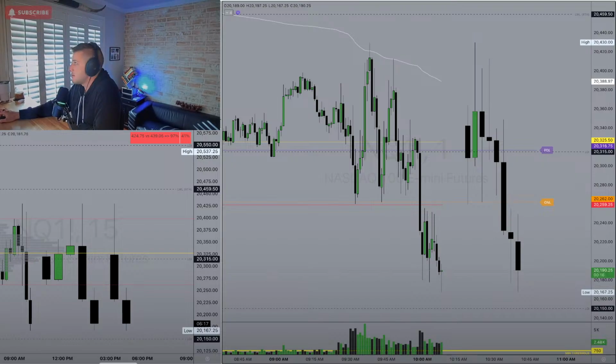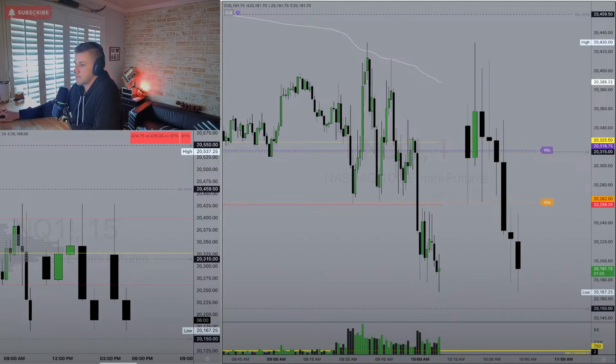NQ new low of day coming into that 2150. Staying patient here, staying patient. Watching the reaction down into 150.